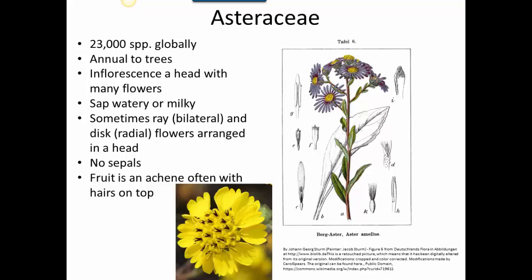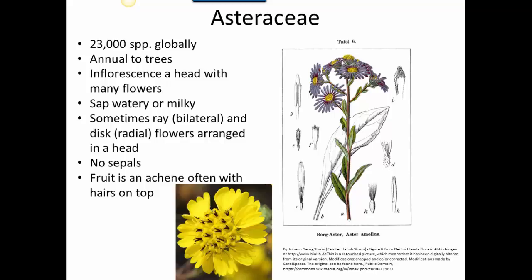So you've probably experienced that before in dandelions. And then there are many other plants within this family that have watery sap. So sometimes that's something that you need to do when you're identifying plants within the sunflower family, the Asteraceae, is to tear off a leaf, break open the stem, and see what the sap looks like.